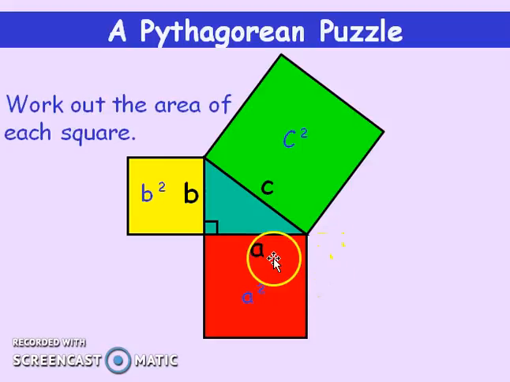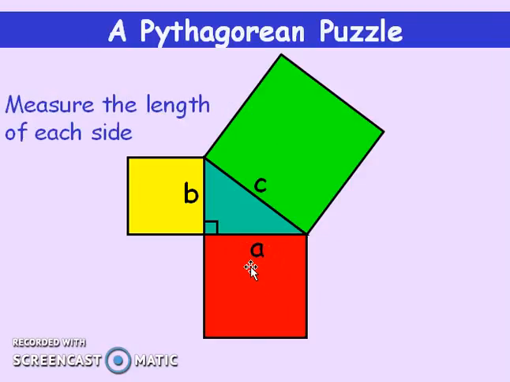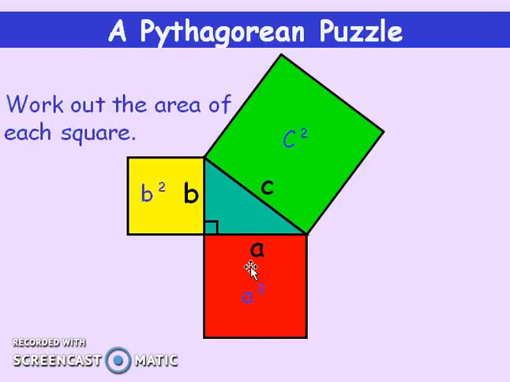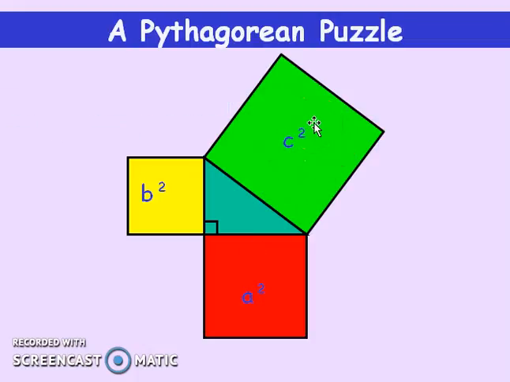So we need to calculate the area of the square. For the red square, the area is equal to A squared, and then the yellow square, B squared, and then the green square is equal to C squared. Okay, we know the areas A squared, B squared, and C squared.